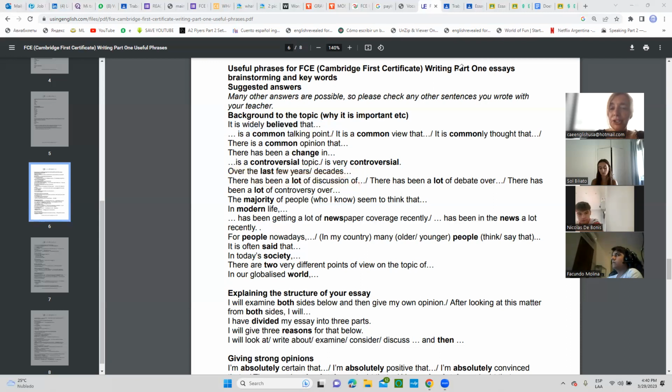There has been much discussion, well, it's not going to sound that good. Here you can use "a lot of", because with "much" it's not going to sound that great. So over the last few decades, there has been a lot of discussion of, or this one, there has been a lot of debate over.